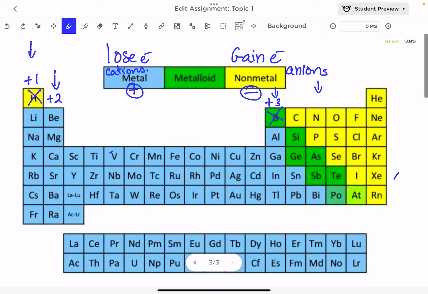Elements of group 15 gain 3 electrons and turn into negative 3. Elements of group 16 gain 2 electrons and make a negative 2 charge. And elements of group 17 gain 1 electron and make a negative 1 charge.